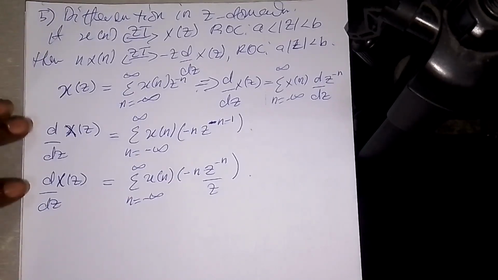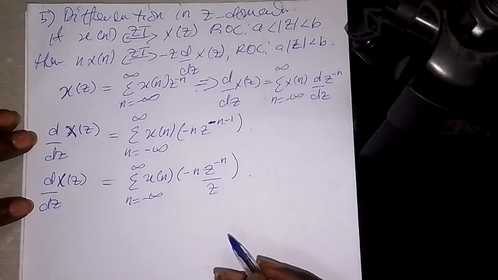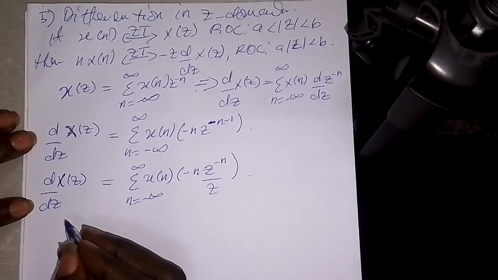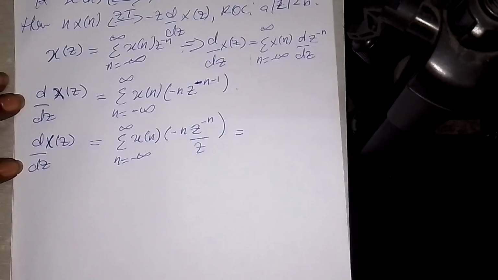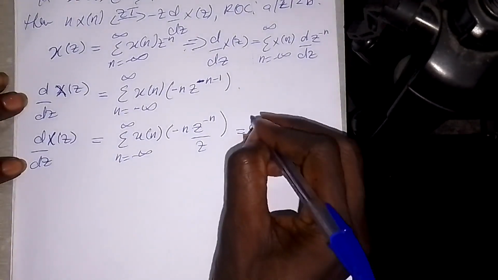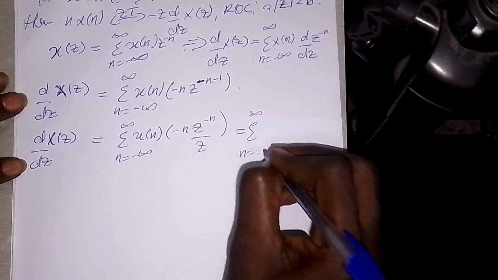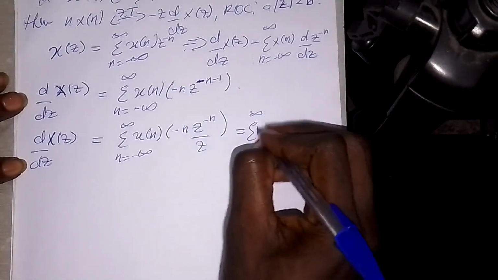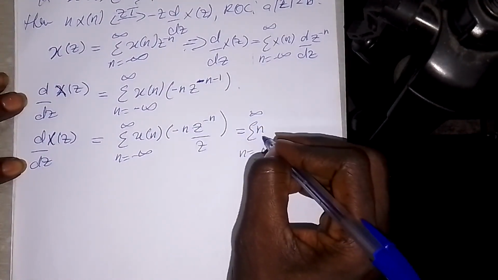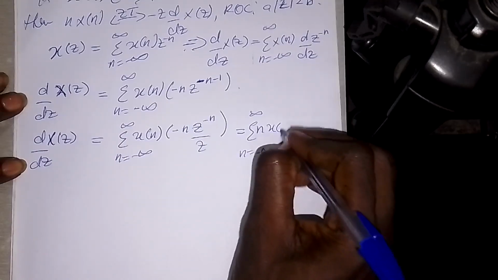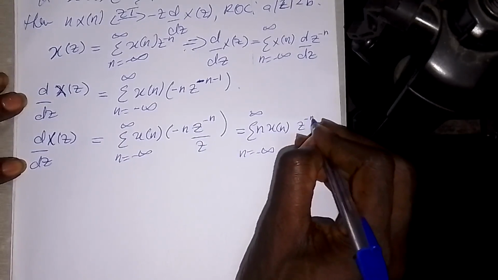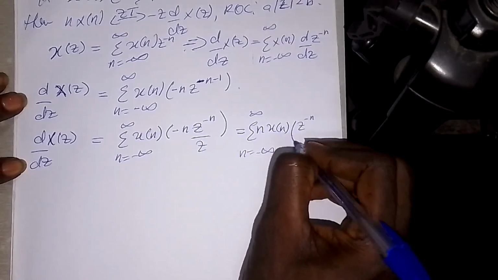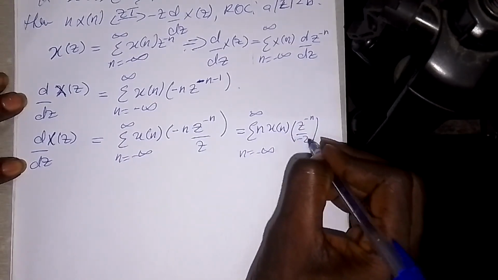So moving this forward, I can say that this is equal to the summation, n equals minus infinity to infinity. I can bring n here, and I can bring X of n here, and then I have Z exponent minus n here. Then I have over minus Z here.